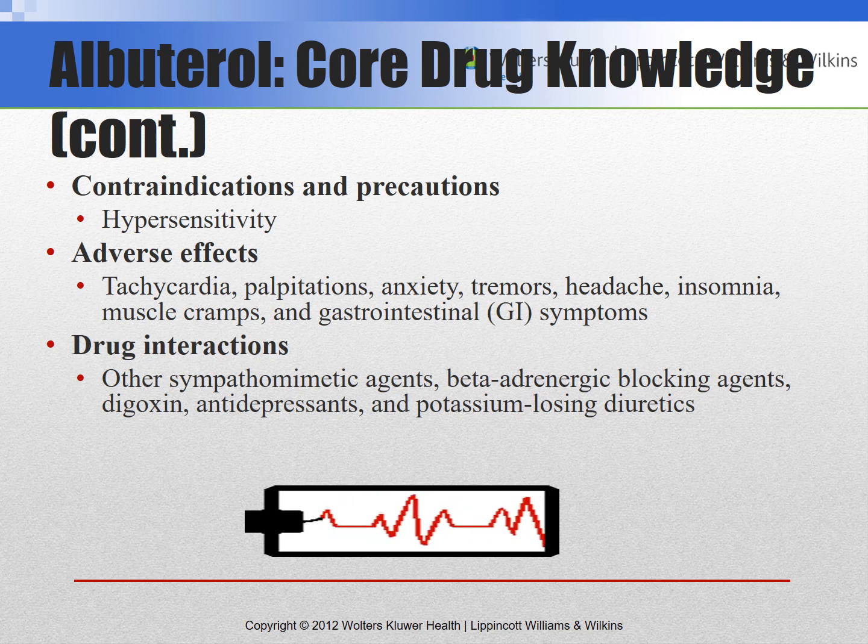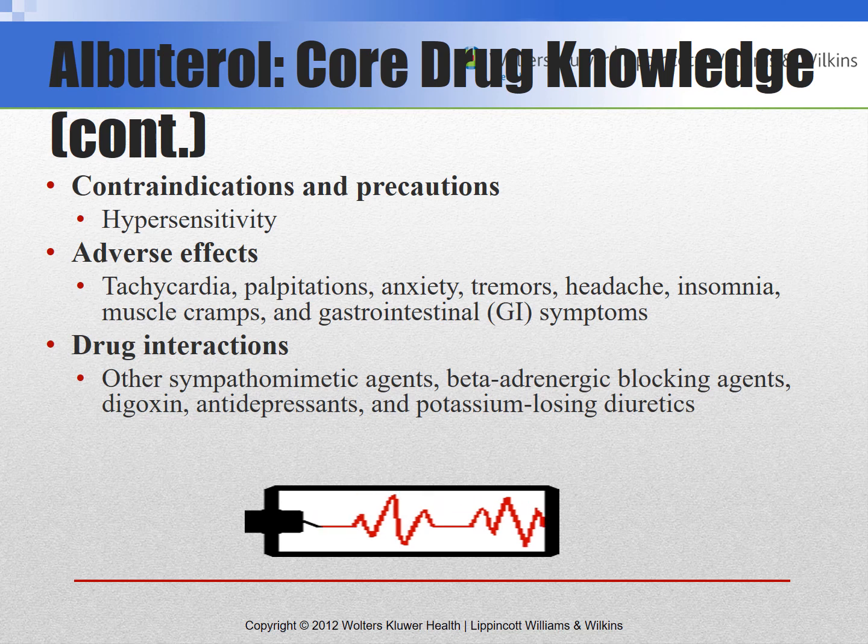Drug interactions: other sympathomimetic agents, beta-adrenergic blocking agents. That's when we talked about beta blockers. That's the beta-1 blockers. They end in that OLOL suffix. And the reason for that is because of, again, that beta blockade that goes on there.